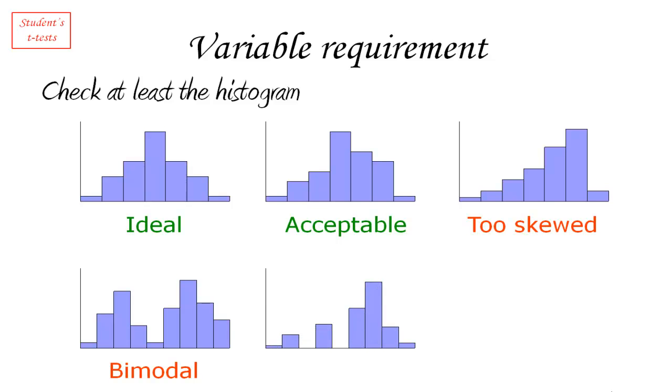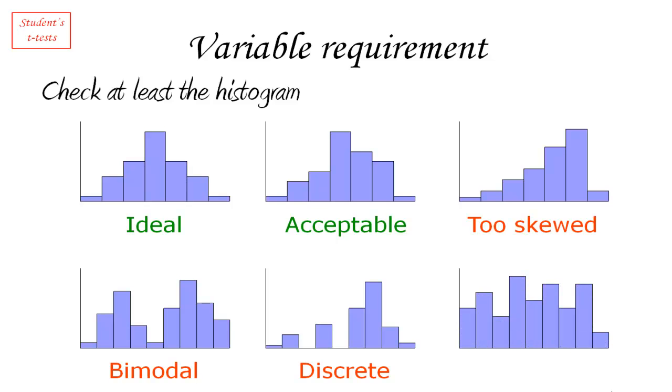So that means that if our histogram looks like this, with big gaps in between, that means that probably our variable is really not continuous. It is discrete. And in that case, again, we should maybe stay away from the t-test and use a different type. Or sometimes you're going to have something like this. Well, this is a histogram that doesn't really have any shape, let alone a bell shape. Okay, so in this case, again, using the t-test may not be a good idea because there is really no pattern on which we can base it.